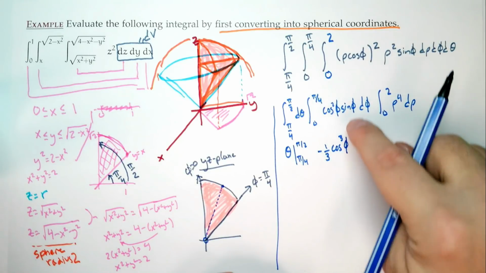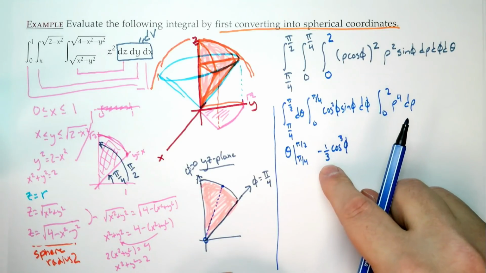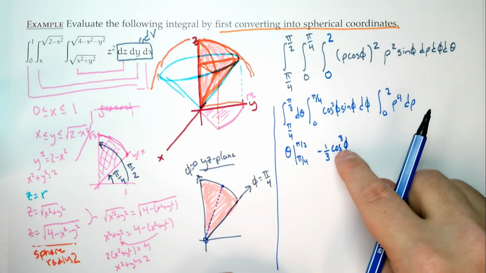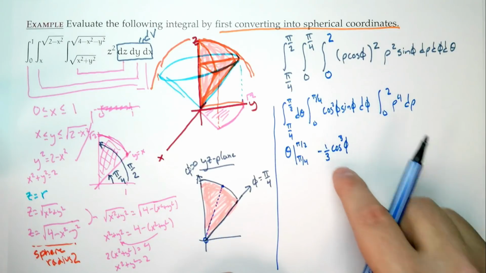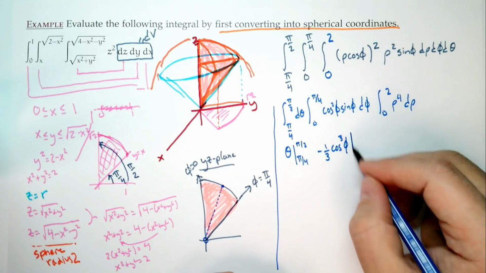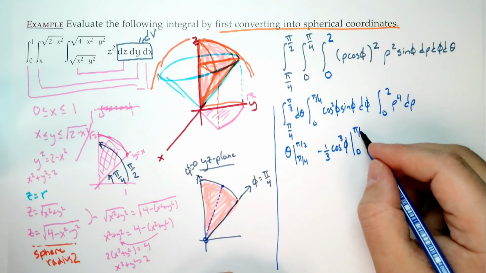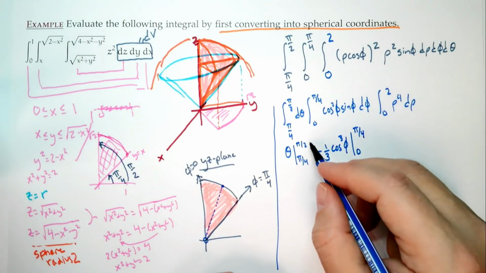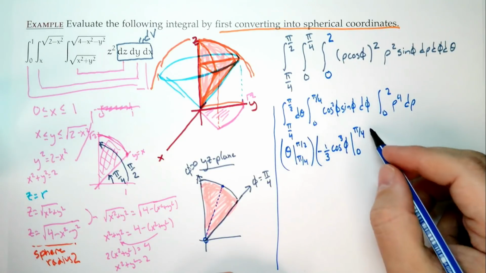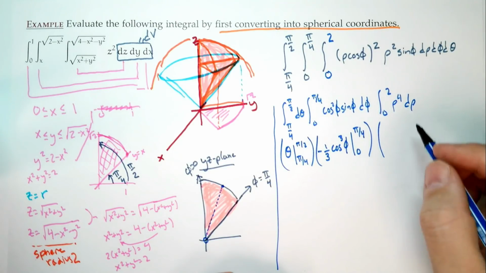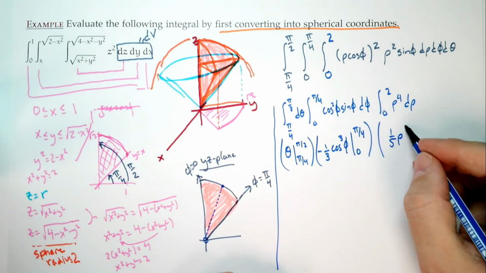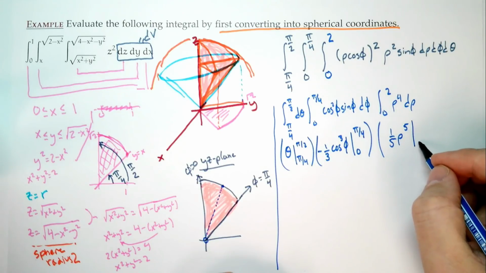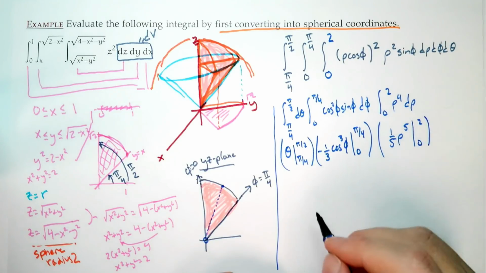And you can check, take the derivative. The 3 comes down, that gets rid of the 1/3. Cosine squared phi, and the derivative of cosine is negative sine, and that negative gets rid of that negative. And we're going from 0 to pi fourths. Okay, whatever that turns out to be, we'll evaluate that in a second. And the last one is 1/5 rho to the 5th, evaluated from 0 up to 2.